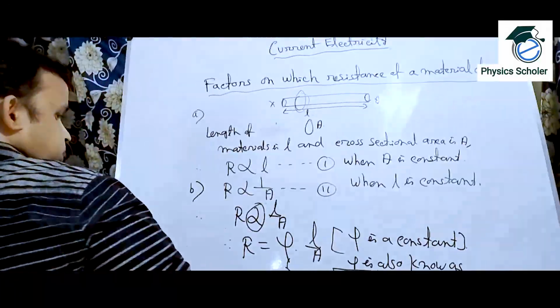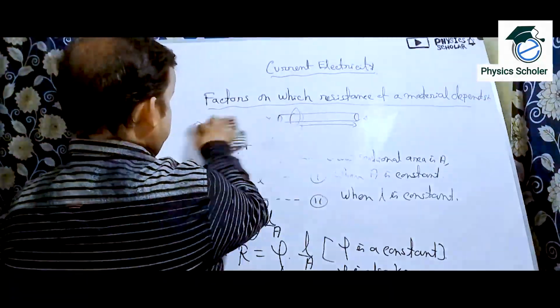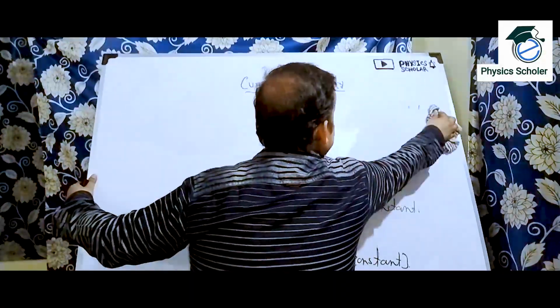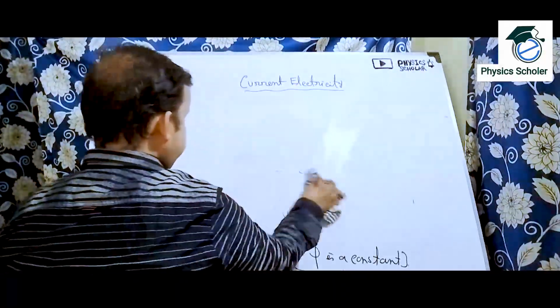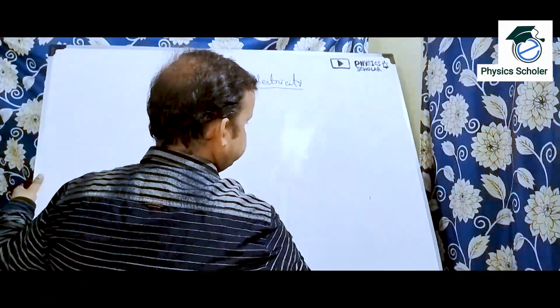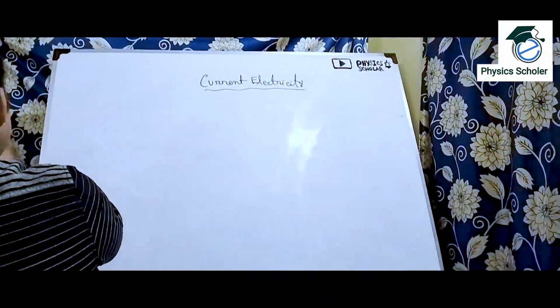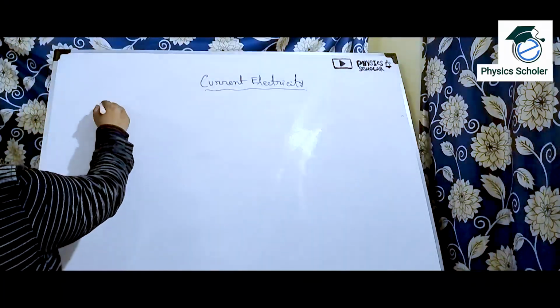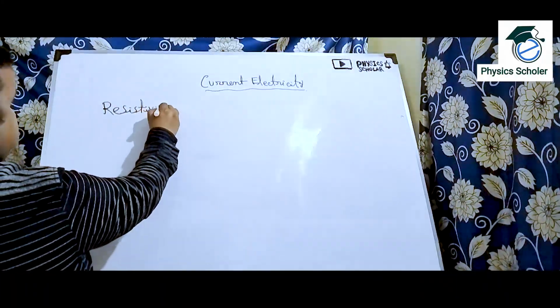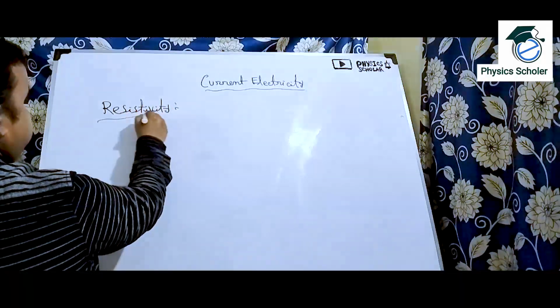Now what is the definition of resistivity and what is the unit of resistivity? How can we define the resistivity of a conductor?